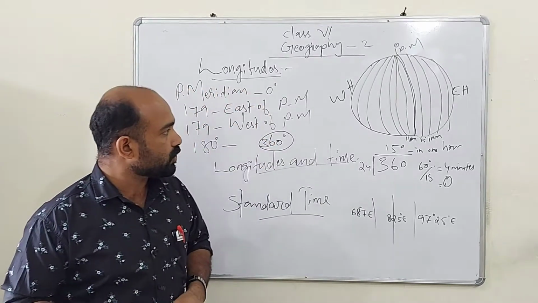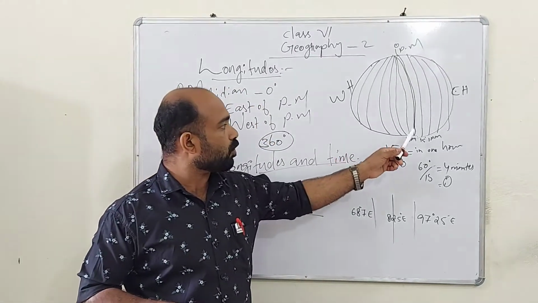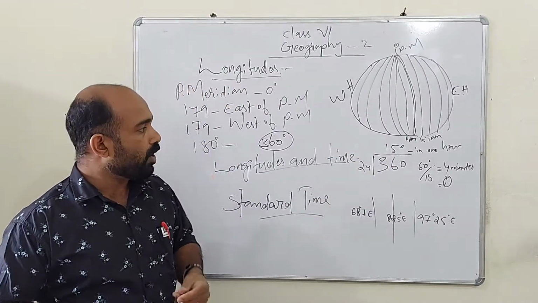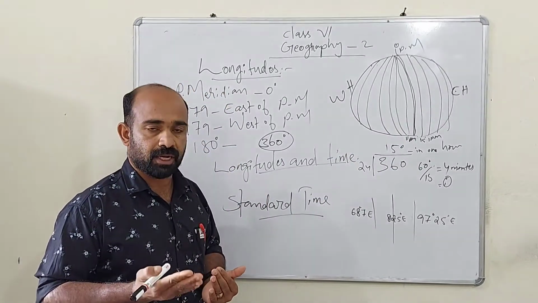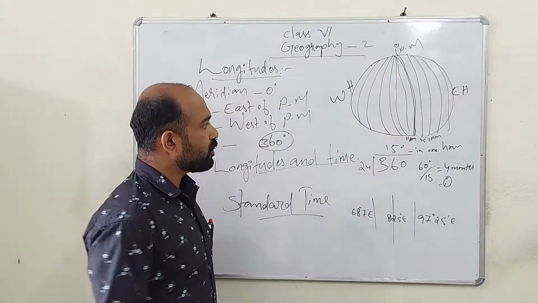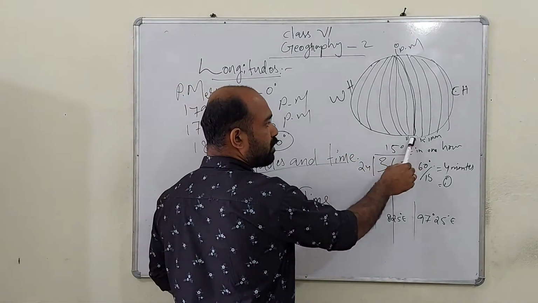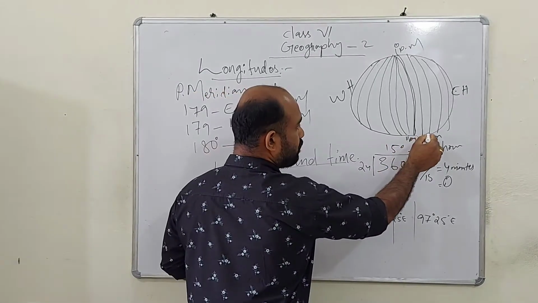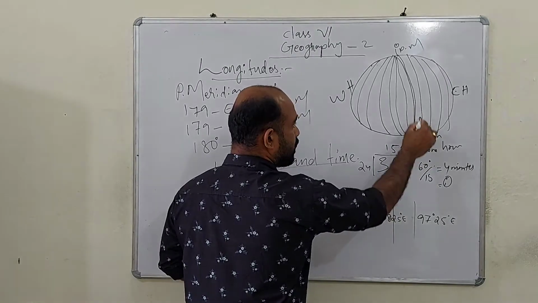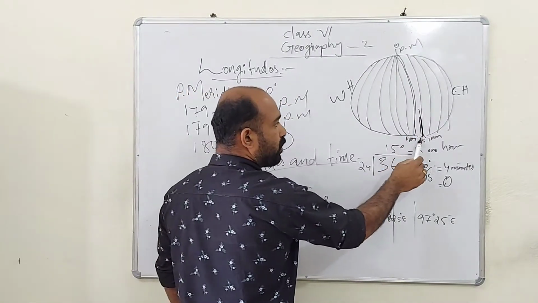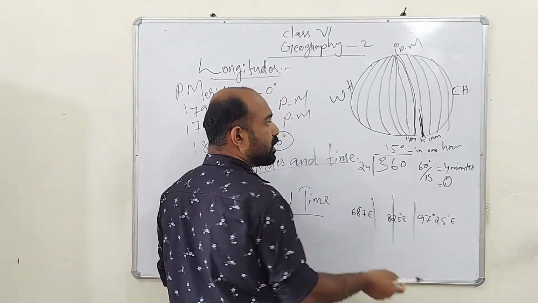In such cases, when it is 12 o'clock in the prime meridian, how can the time be calculated? Let's see that. When it is 12 o'clock in the prime meridian, for completing 15 degrees east, suppose it is 15 degree longitude, and for reaching this 15 degrees, earth takes 1 hour.